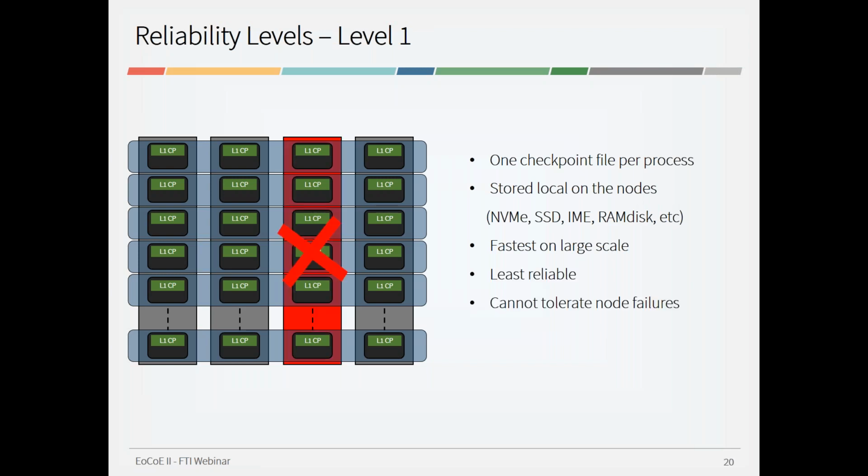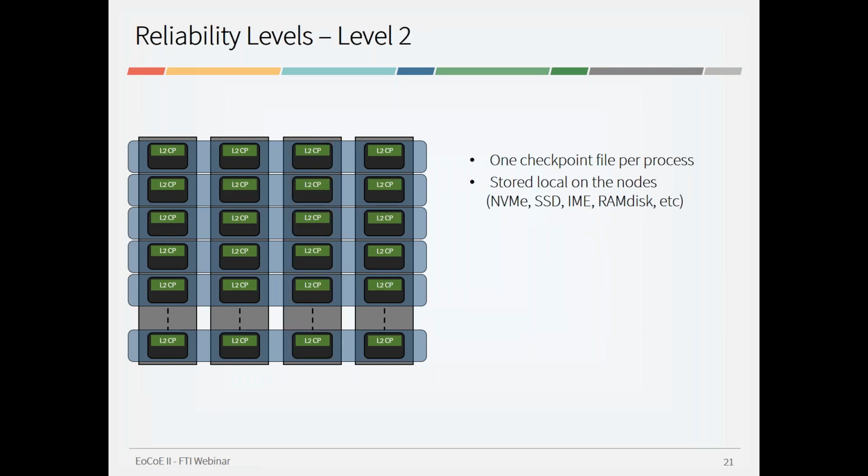However, when you use only one of these files on one node, then this data is forever lost and you cannot restart anymore. So this is good when you have a soft error. These kinds of errors you can always tolerate, but as soon as you have a loss of some of the checkpoint files, then it's not possible to recover anymore.